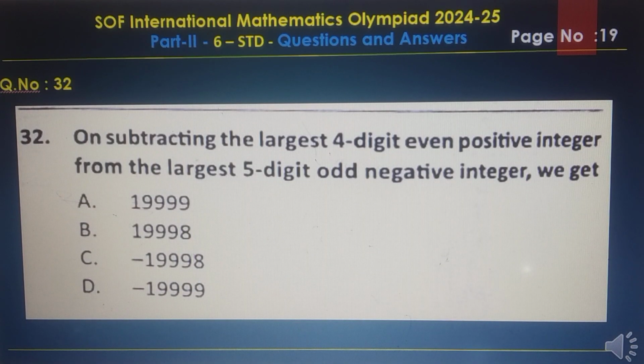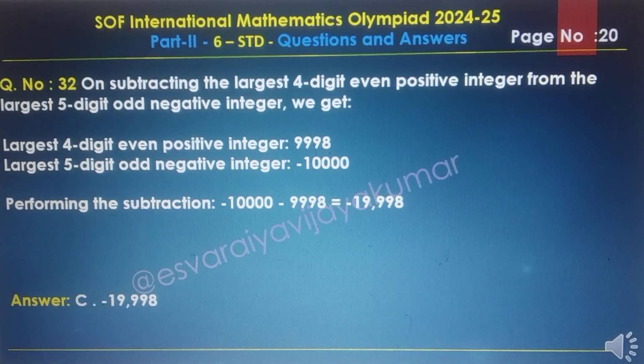Question number 32. On subtracting the largest 4-digit even positive integer from the largest 5-digit odd negative integer, we get, options A, B, C, D. The largest 4-digit even positive integer is 9998.